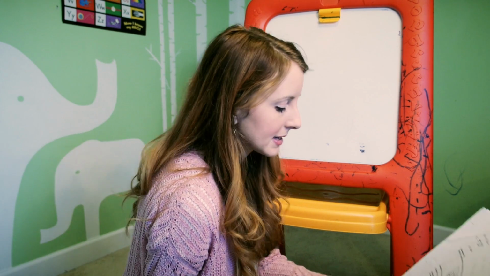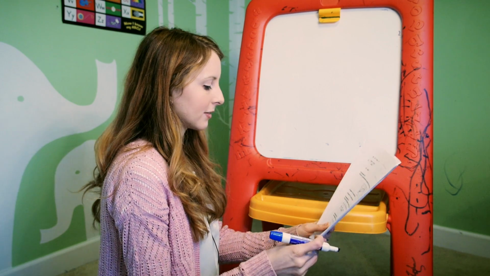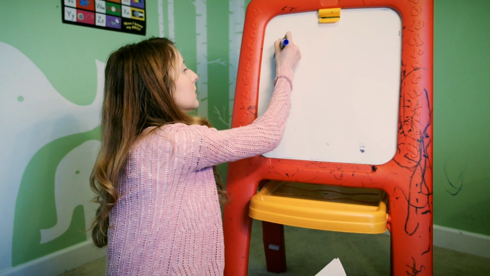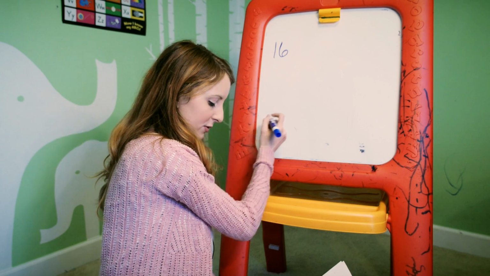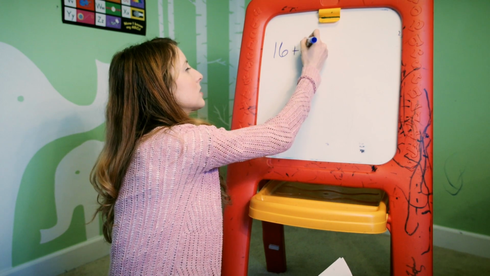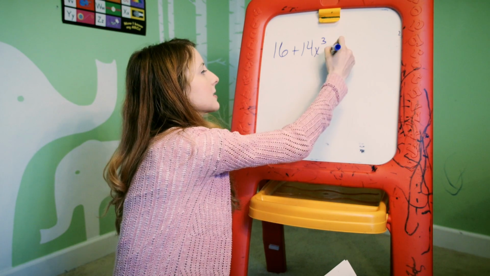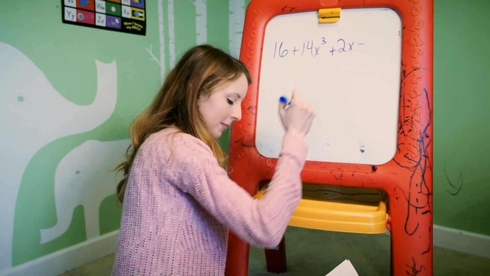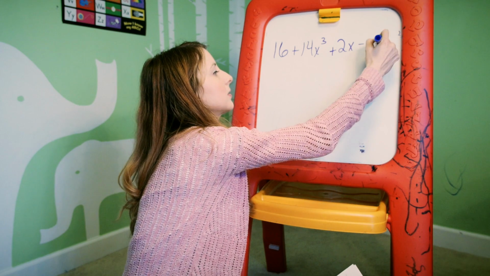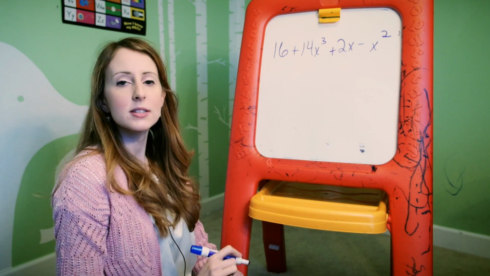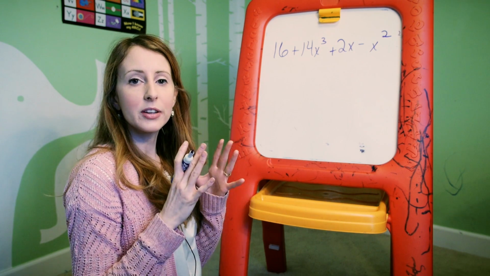All right, so look at example A. We have 16 plus 14x cubed plus 2x minus x squared. All right, first let's assign the degrees.